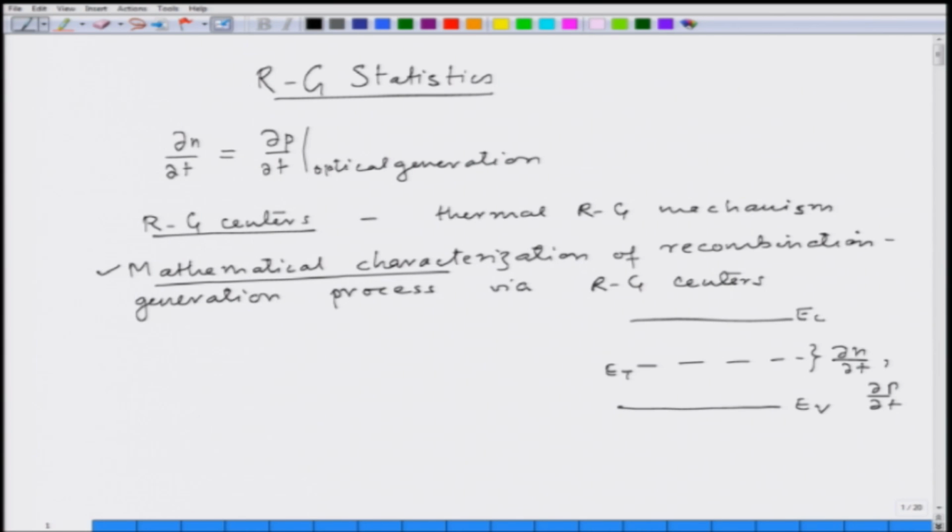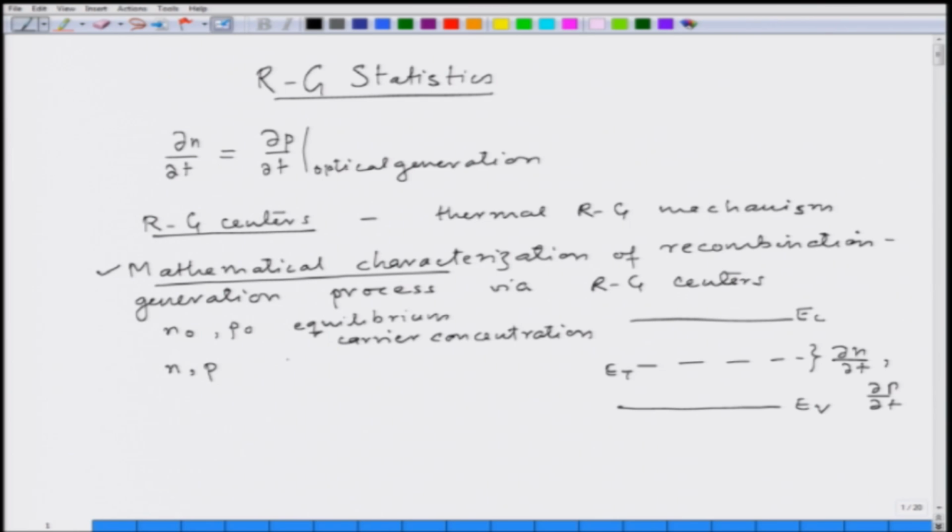In this semiconductor, we know a few things. We know the equilibrium carrier concentration, n naught and p naught, and we know how to get them. We also find if the carrier concentration through these R-G processes is changing.